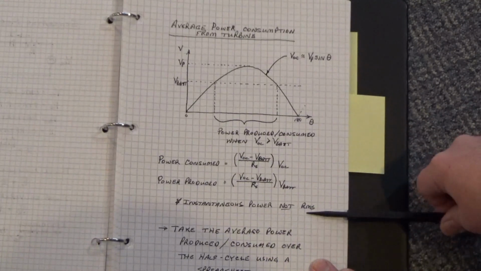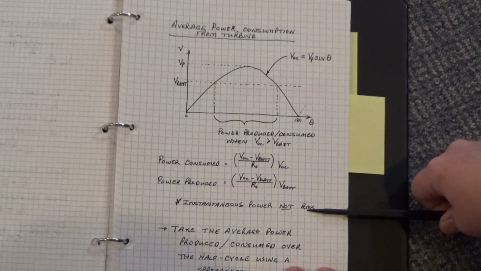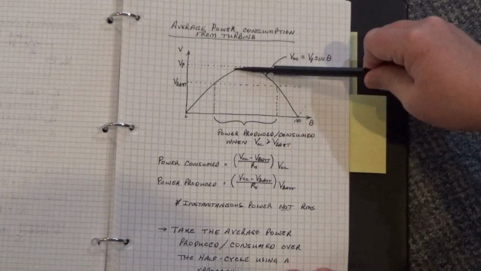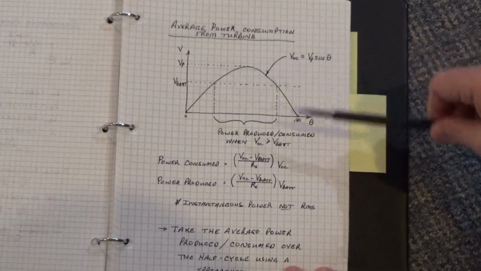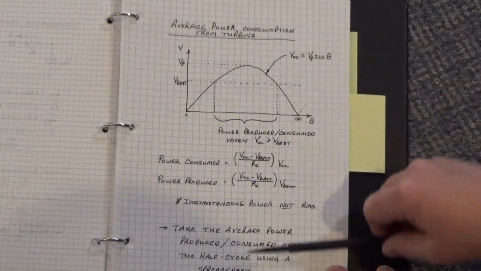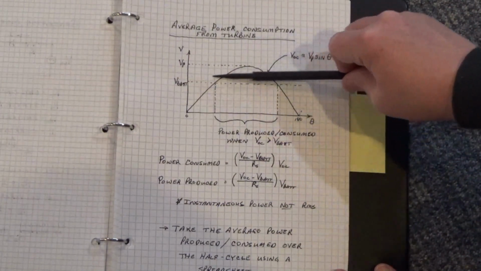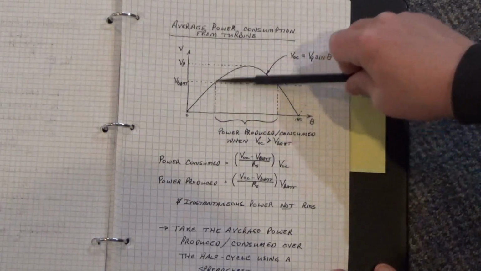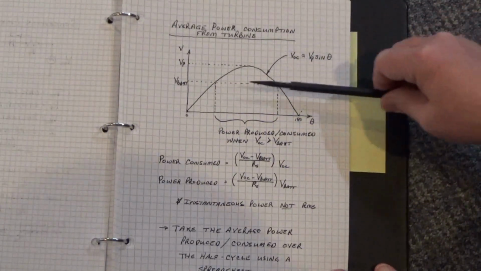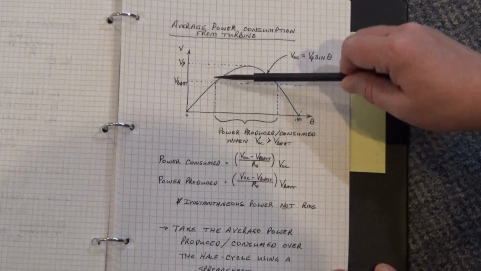And note, this is instantaneous power, it's not RMS. So every point in time we have to calculate the power that's being produced or consumed. And then what we do is we take the average over that entire half cycle. And what I do is I do it numerically using a spreadsheet.